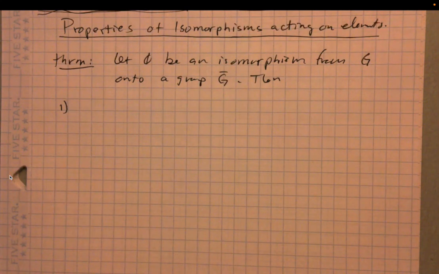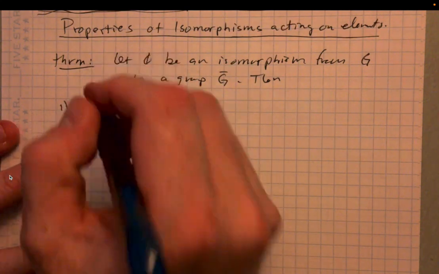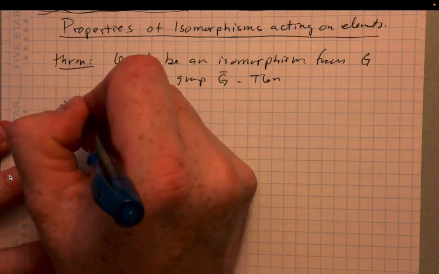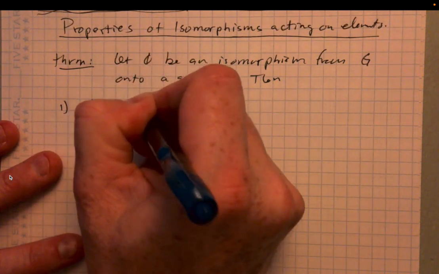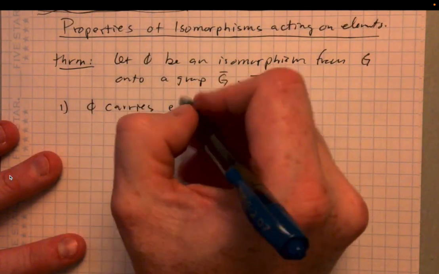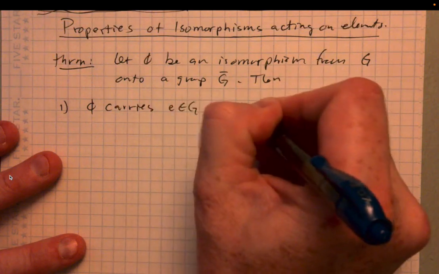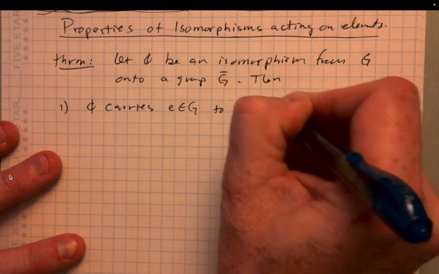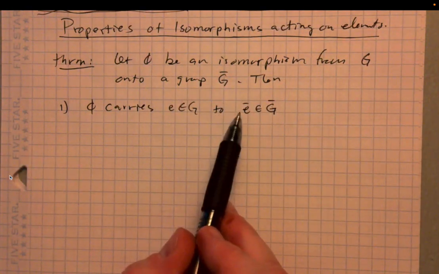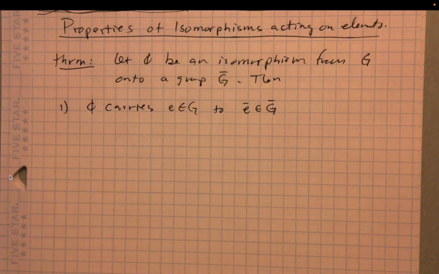The first one says that phi carries the identity in G to the identity in G bar. Now I'm going to denote the identity in G bar as E bar, just for our notes.